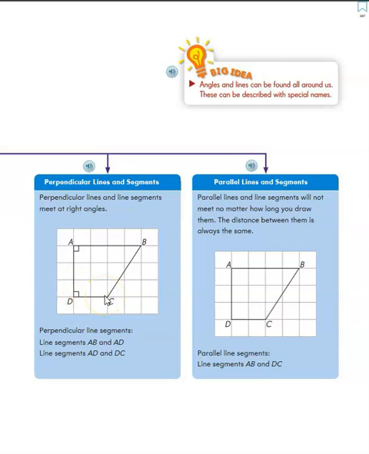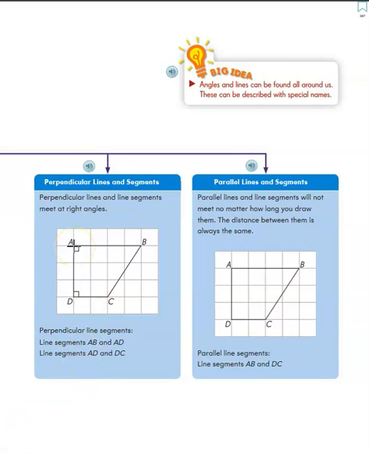So that's how we know they are right angles, and they're also called perpendicular lines because they are meeting at a right angle. And most of the shapes that we thought of earlier, such as a rectangle or square, would also be made up of line segments that meet at right angles, so they would be made up of perpendicular lines or line segments.